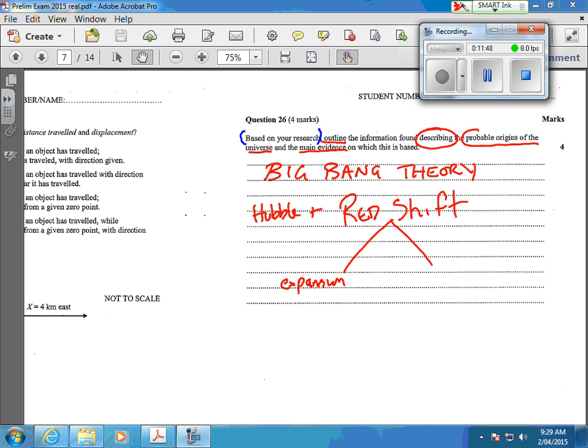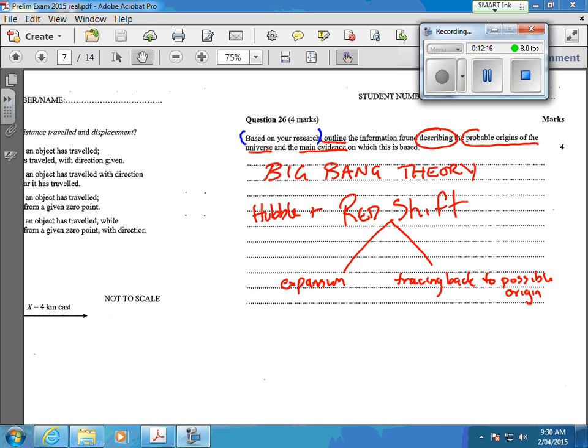And you could also talk about, in the same thing, tracing back to a possible origin. So you can use the same outline that shows there's an expansion going on which suggests that there might have been an energetic beginning.